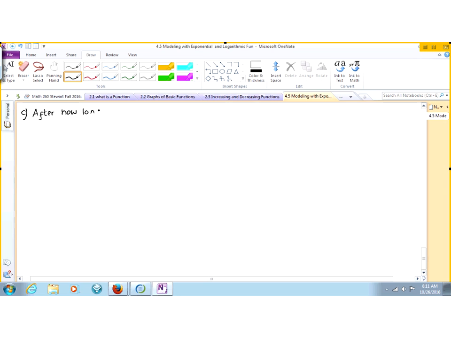Okay. So after how long will only 18 milligrams of the sample remain?